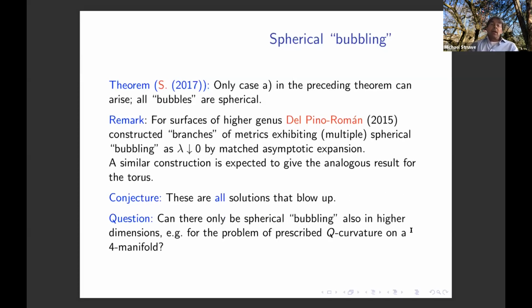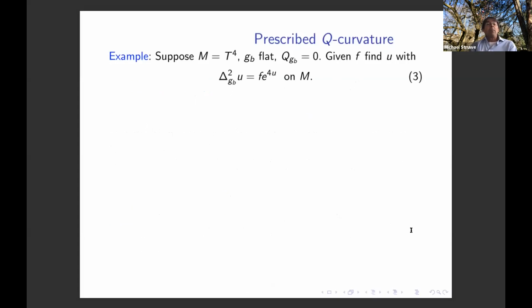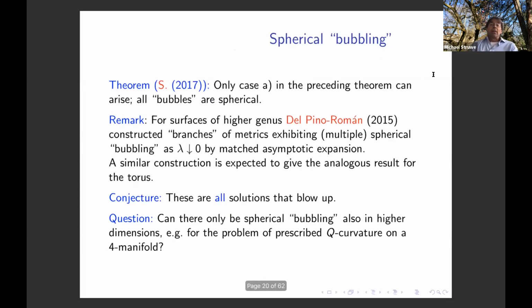Now, then there was the question whether this was special to 2 dimensions or whether this phenomenon can also be demonstrated in higher dimensions. For instance, for the problem of prescribed Q curvature on a 4-manifold. And let me talk now about the analogous situation for that setting.